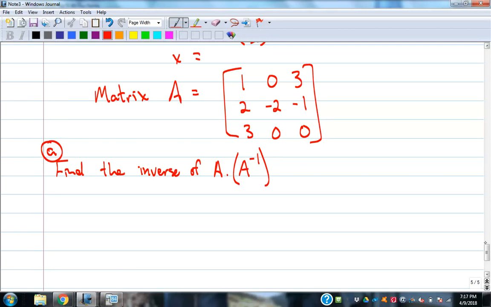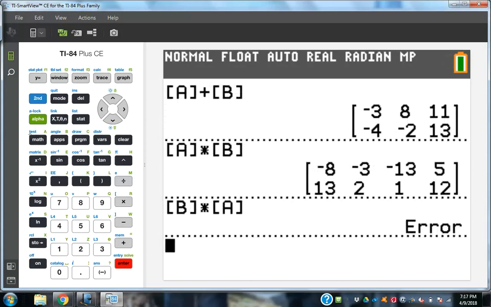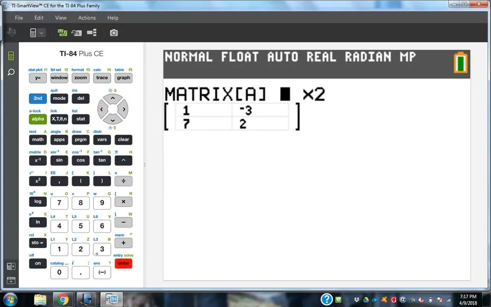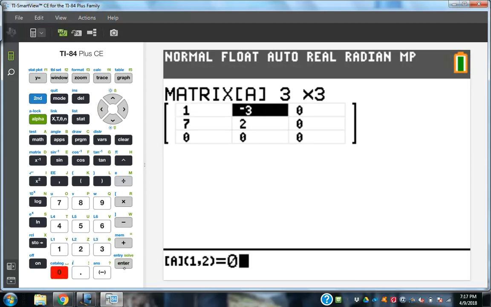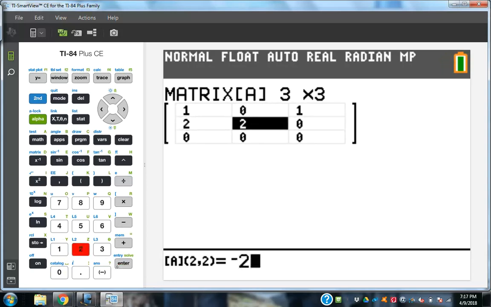The great thing is our calculator is really good at that sort of stuff. So I'm going to type in my matrix A. I go to second matrix, edit, and put a 3 by 3 into matrix A. 1, 0, 1, 2, -2, -1, 3, 0, 0.